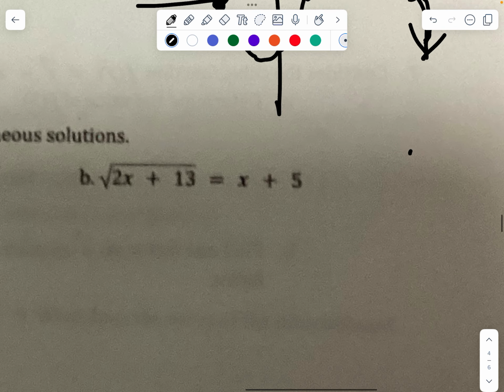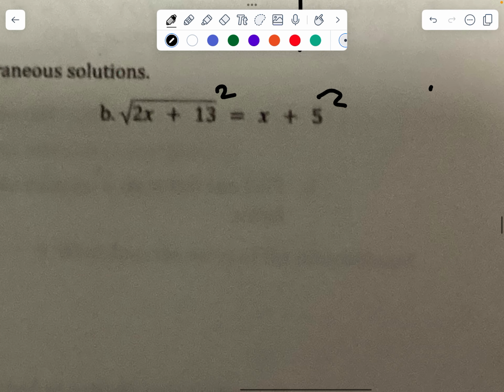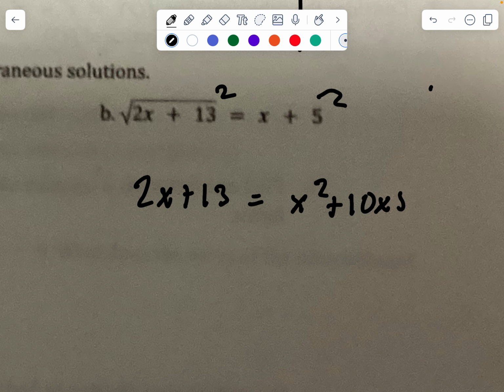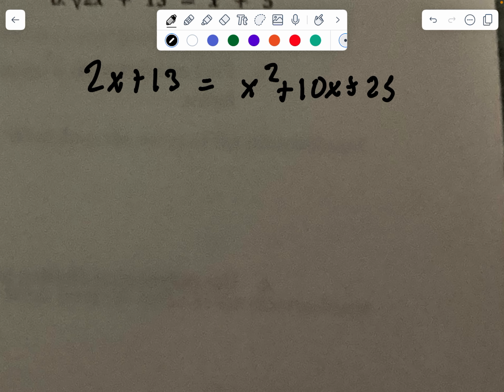Next one. Square both sides. 2x plus 13 equals x squared plus 10x plus 25. Now I shift it to one side.